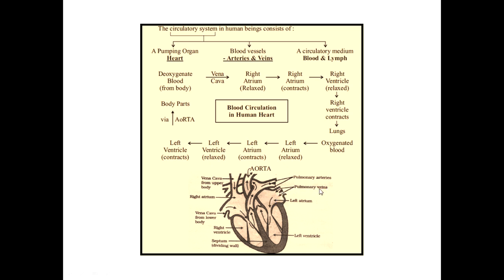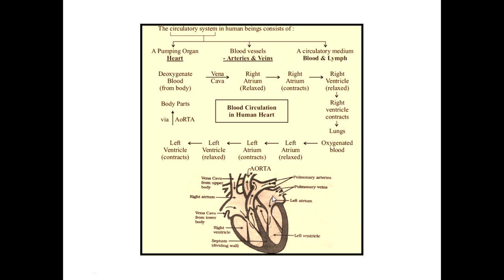There are four pulmonary veins, two from each lung, which join and release the oxygenated blood into the left atrium. Once it is released into the left atrium, the blood is pumped into the left ventricle by the opening of the mitral valve. The mitral valve is present between the left atrium and left ventricle.